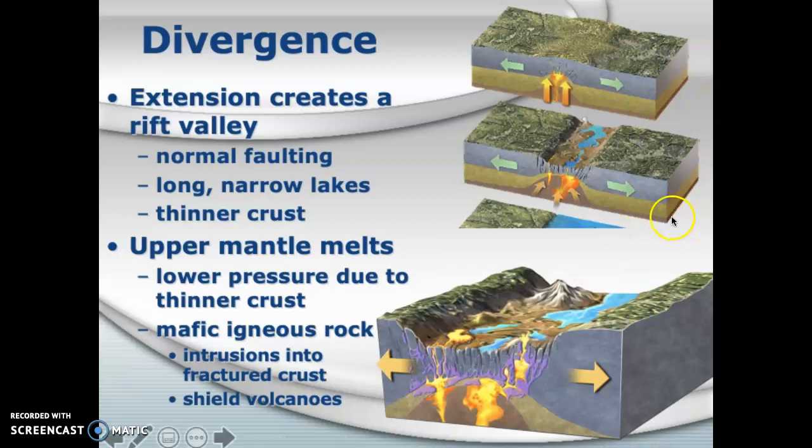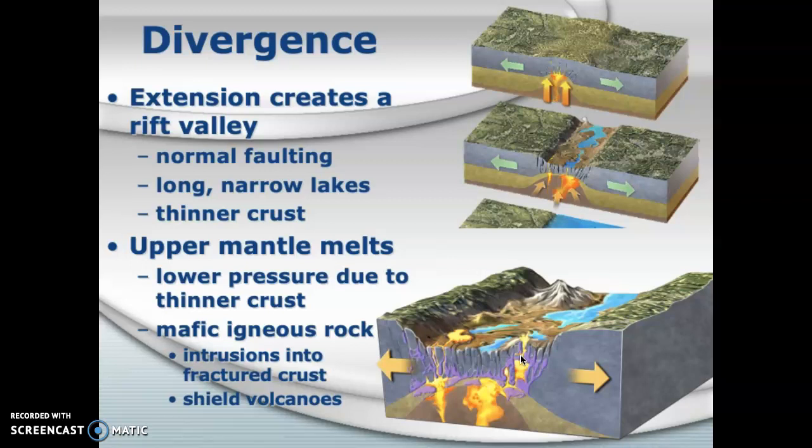So let's start with this picture in the upper right-hand corner. You can see that things kind of dome up a little bit because of the heat, but really it's that second drawing, the bottom drawing, that I want to take a look at. As we pull a plate open, one of the things that happens is we get what's called a rift valley.